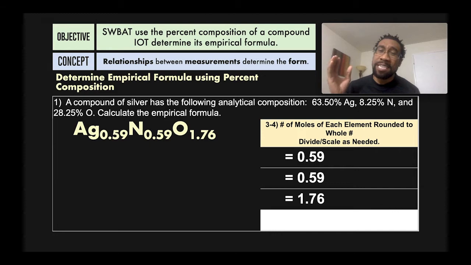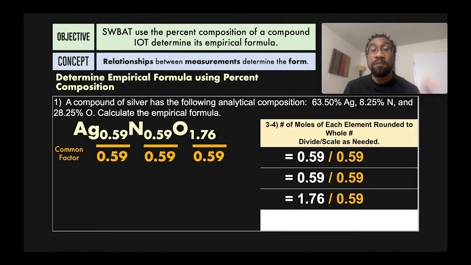So let's make an assumption that 0.59 is our common factor. If we do that, we're going to divide every one of our subscripts by the same number, by 0.59, okay?